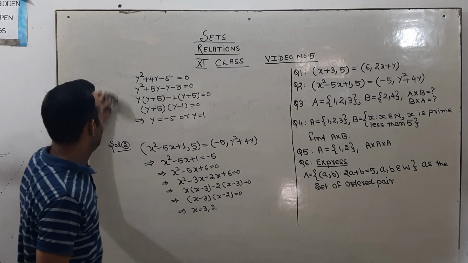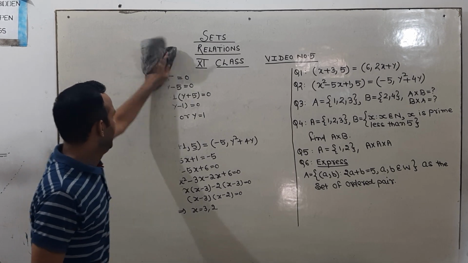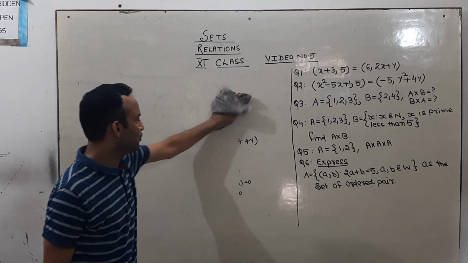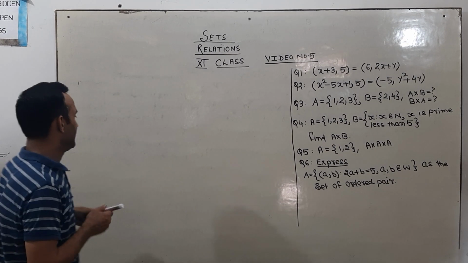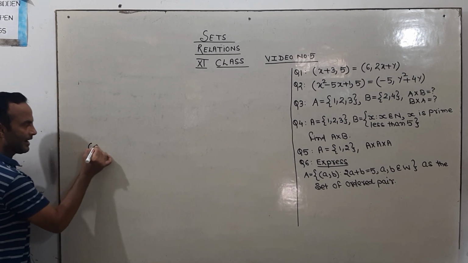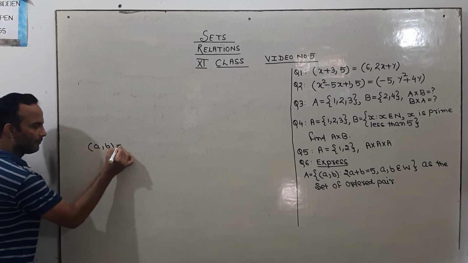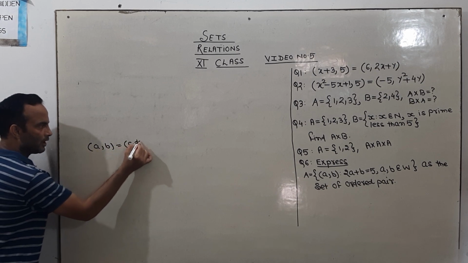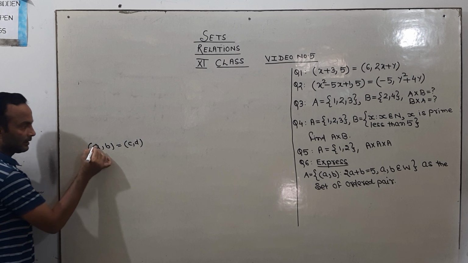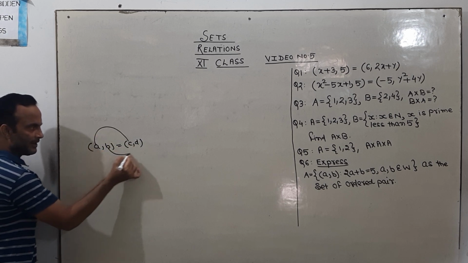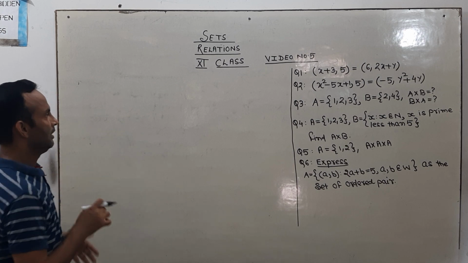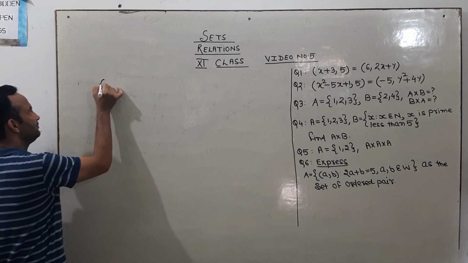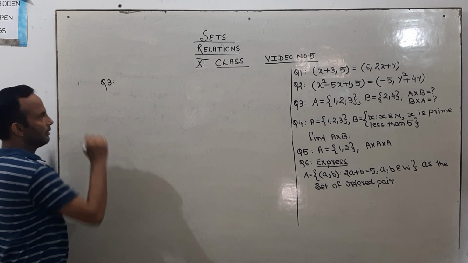Next problem is what? In first two questions, the concept is what? Listen once again. The concept is whenever two ordered pairs are equal, then A is equal to C and B is equal to D. Now see the next one. Question number third is what?